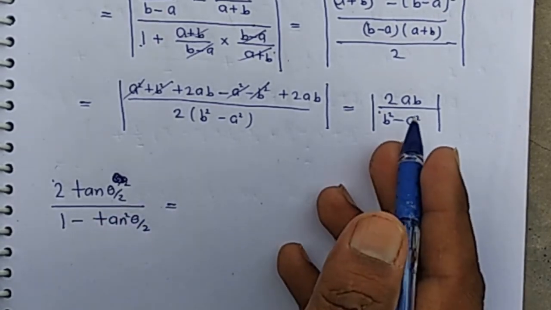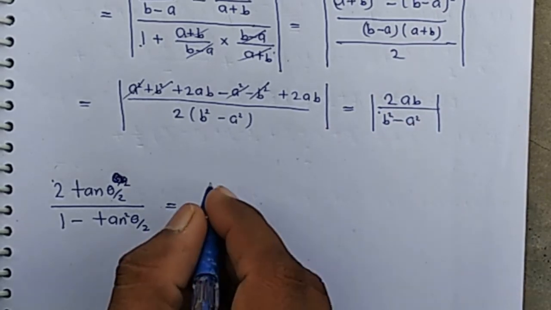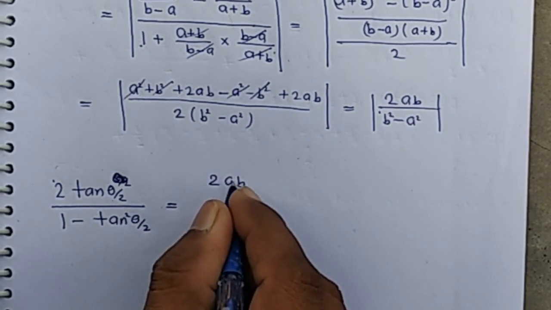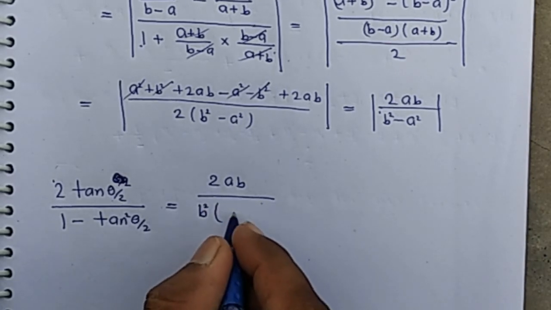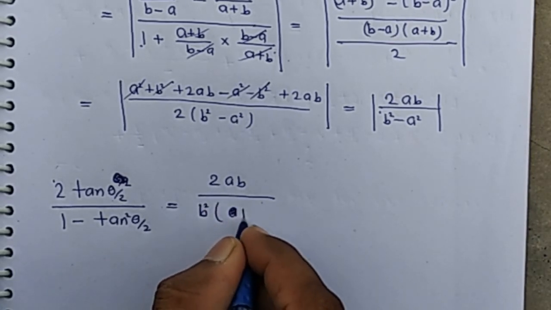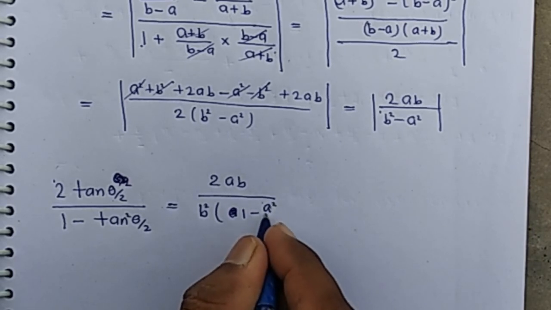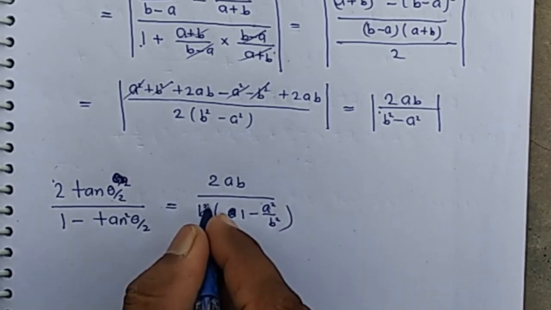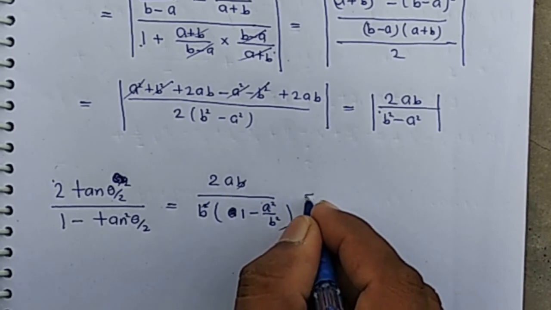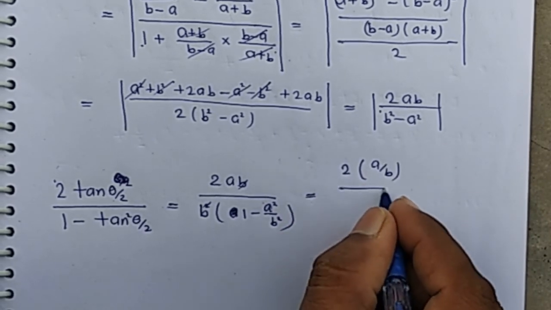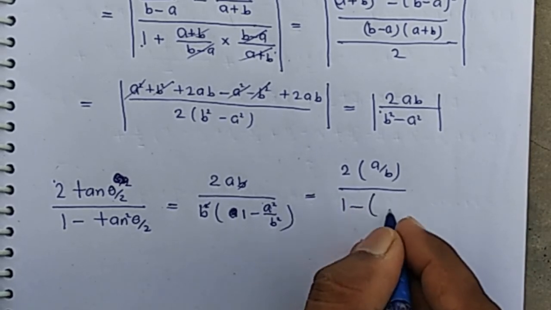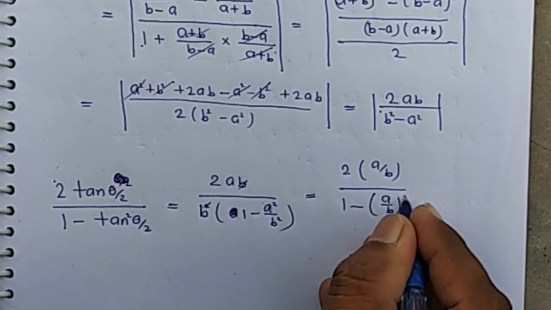Then we have 2ab, b common from the denominator: 1 minus a square by b square, b cancels out, and we have 2 into (a by b) by (1 minus (a by b) square).